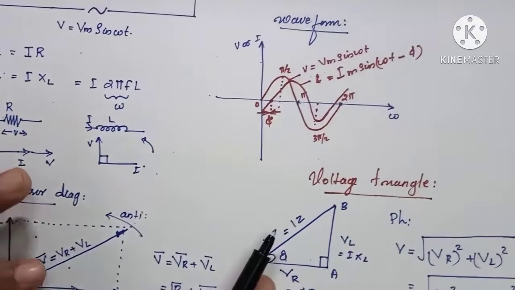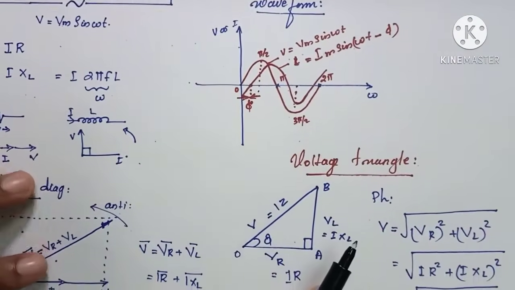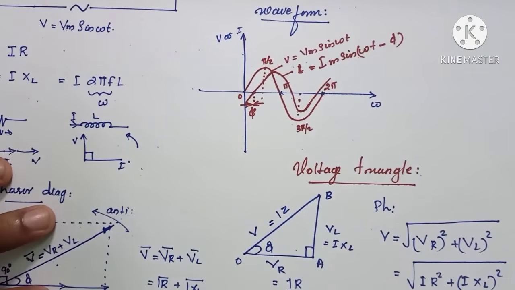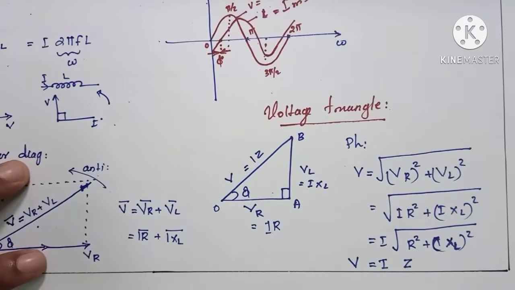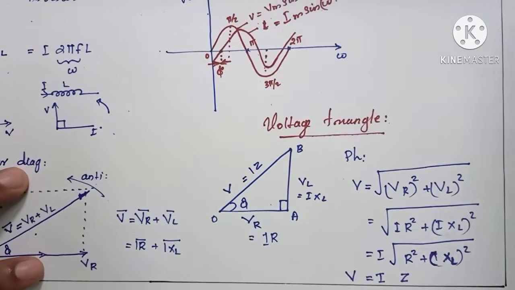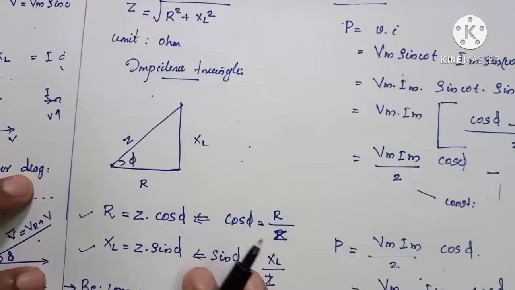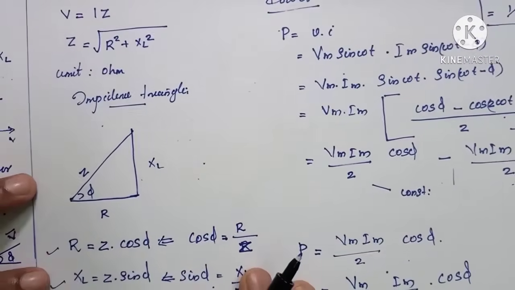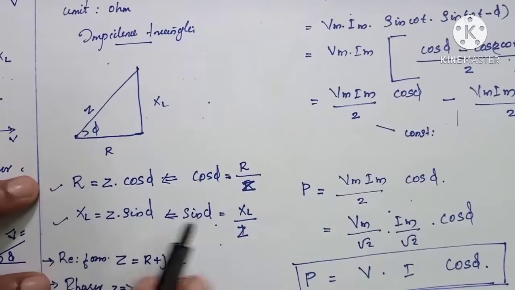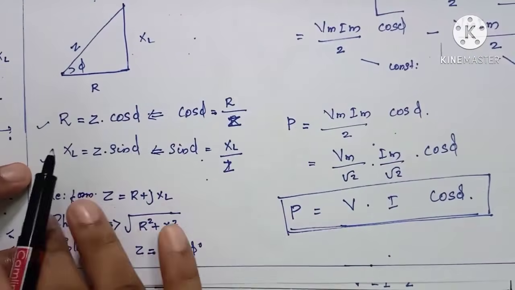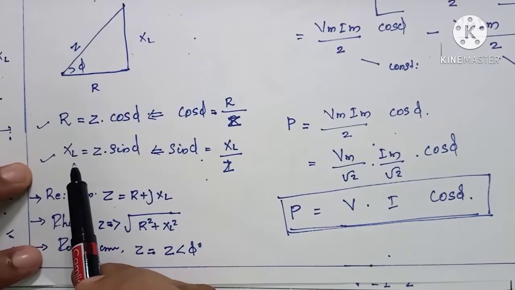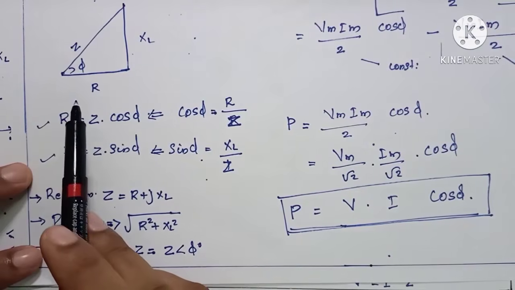Okay, and waveform can be like this, and voltage triangle. From this voltage triangle, we introduced a new term, that is impedance, and next we studied the impedance triangle. Okay, how resistance and inductive reactance related with the impedance.